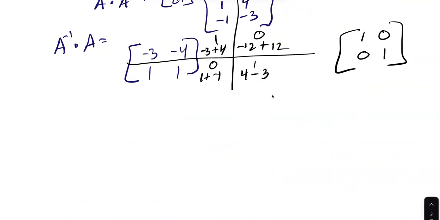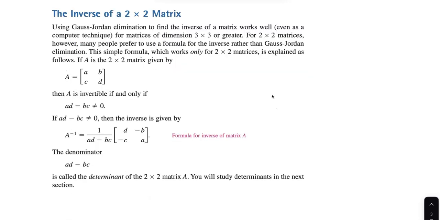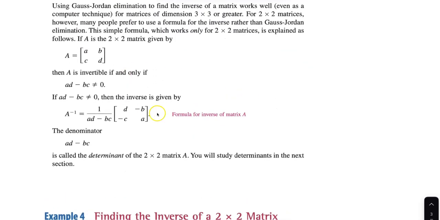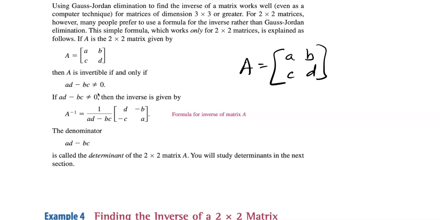So luckily for 2x2s, we actually have a formula for it. The formula is this right here. This is the formula I would give you. If you say A is A, B, C, D, the formula for the inverse is 1 over, we're going to multiply this diagonal, AD, minus this diagonal, BC.